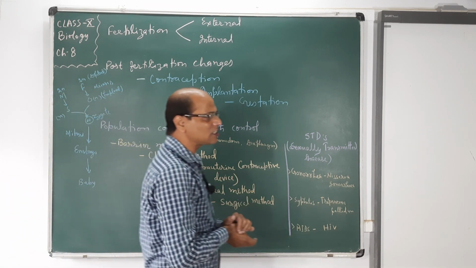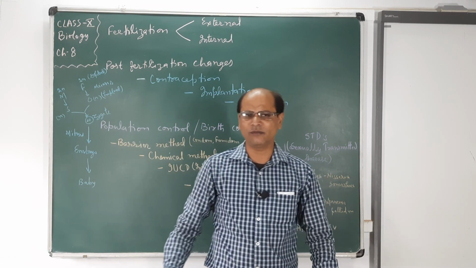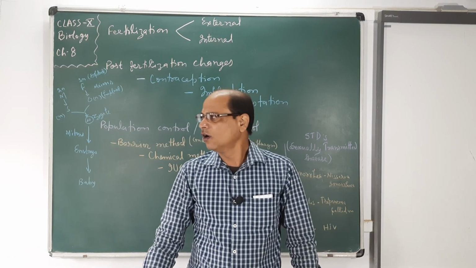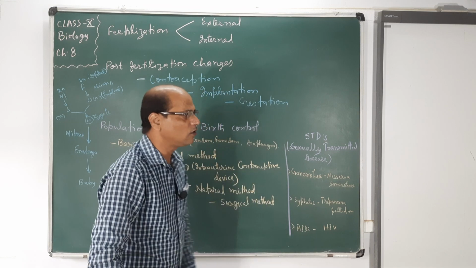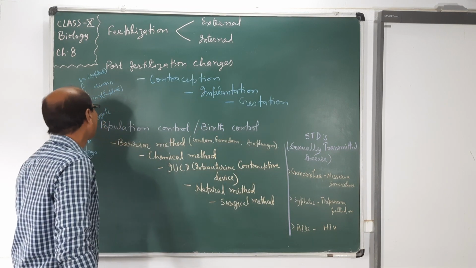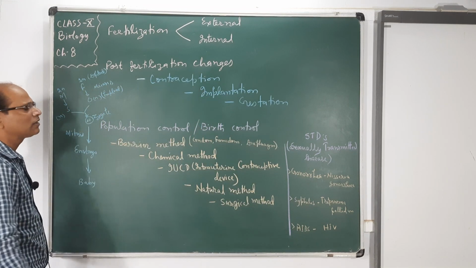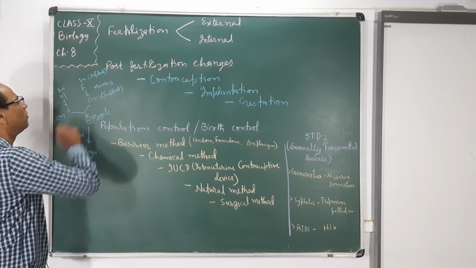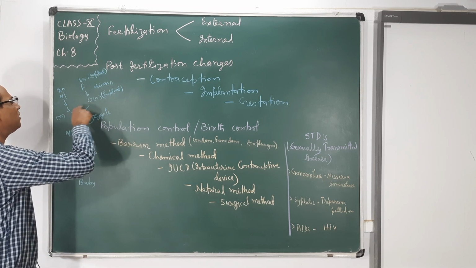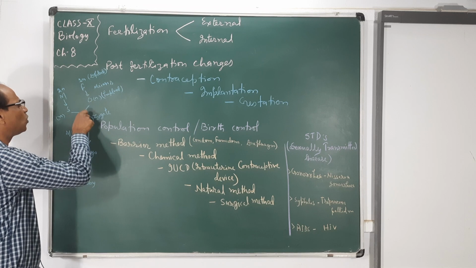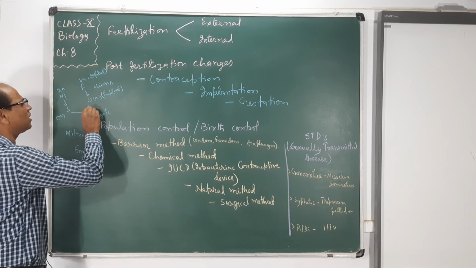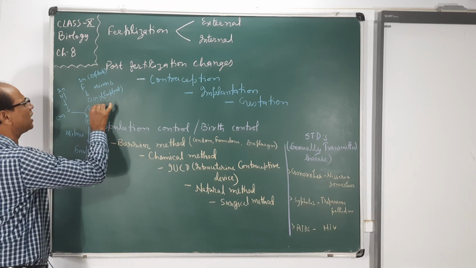So gametogenesis takes place here and forms the sperm, that is spermatogenesis. Inside the ovary, oogenesis takes place and forms the ovum. These are haploid and they fuse again during fertilization. This process of fusing is called fertilization.